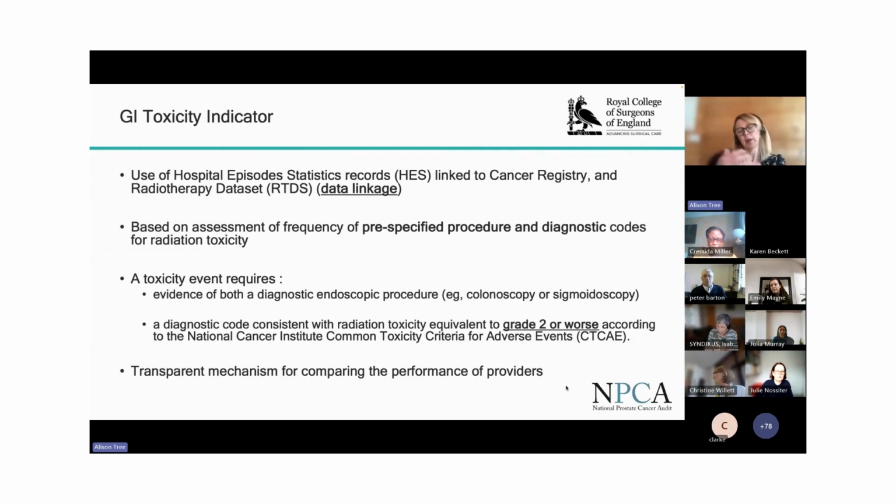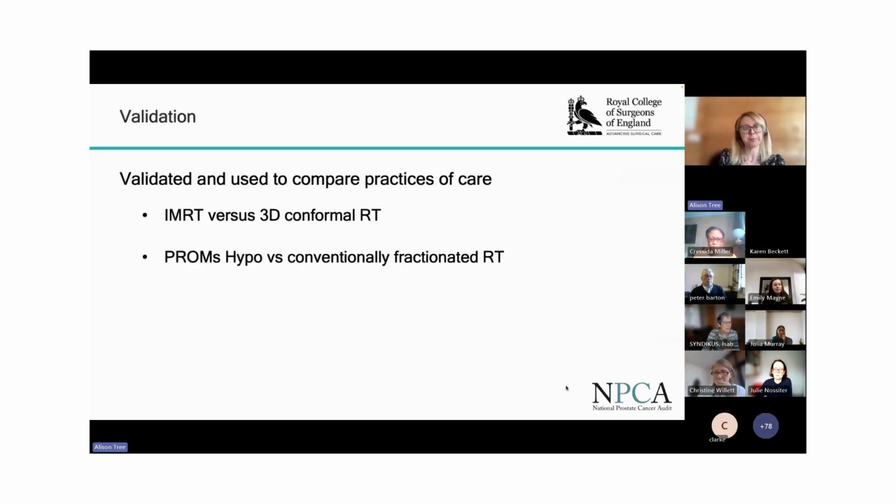So for example, a patient goes into hospital for a colonoscopy or a sigmoidoscopy, and then they're diagnosed with something, a diagnostic code that links to something related to radiotherapy. So, for example, they go in and have a sigmoidoscopy, and then they're coded as a radiation-induced proctitis. So it's not enough just to have the investigation, you have to have an associated diagnosis. And this provides a transparent mechanism for comparing the performances of different providers up and down the UK.